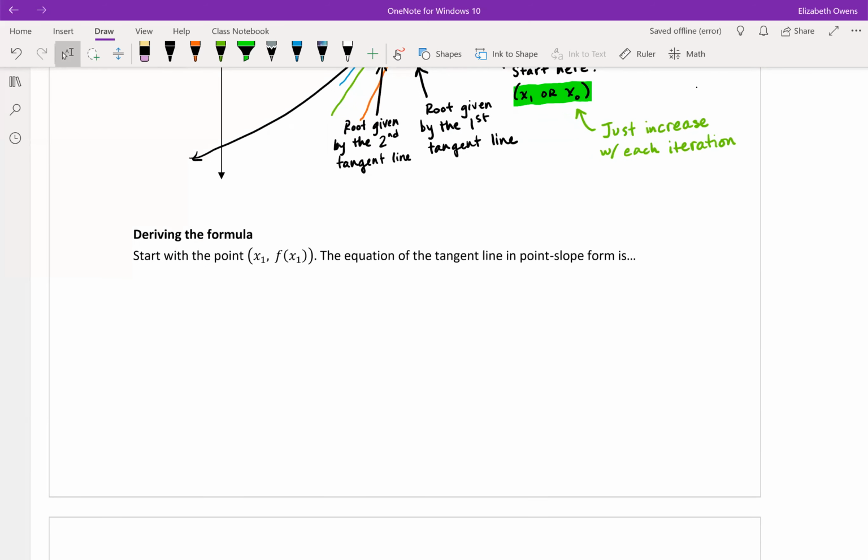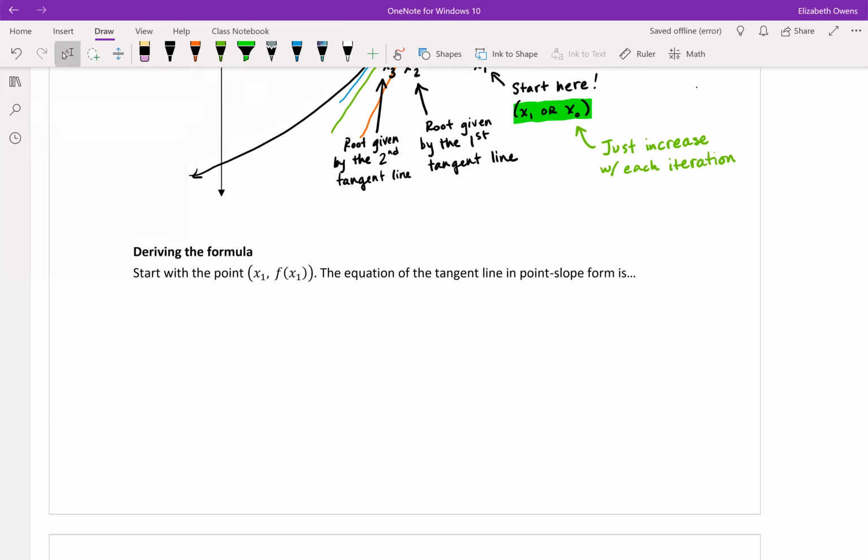We're going to write the equation of the tangent line in point slope form, the one we use a little less often in this class. It's y minus y1 equals m times x minus x1 for the point x1 comma y1.